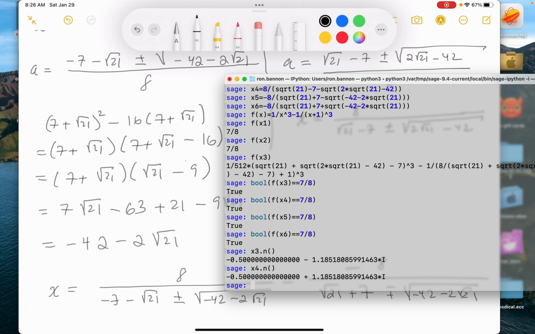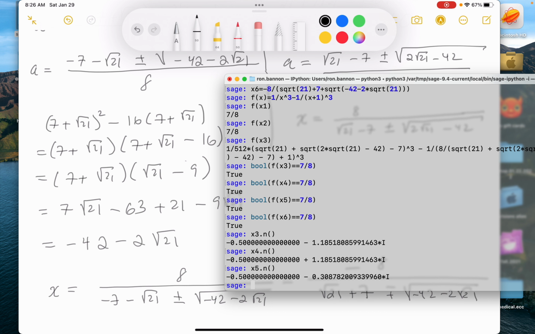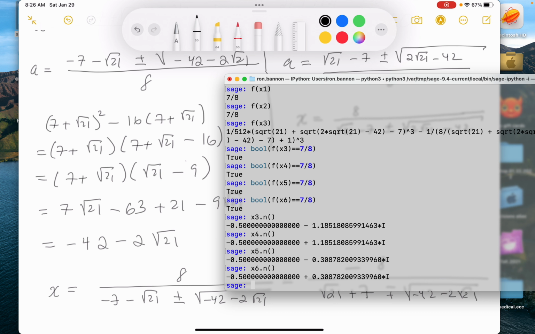Those are a conjugate pair, as expected, by the way. This is a real coefficient polynomial, so we're expecting conjugate pairs. Now, the other ones, x5 and x6, should also be a conjugate pair. Let's put that one down. I see that. And let me put down x6 now. That should be the conjugate pair. Well, I'm seeing it all. Things are working out beautifully.